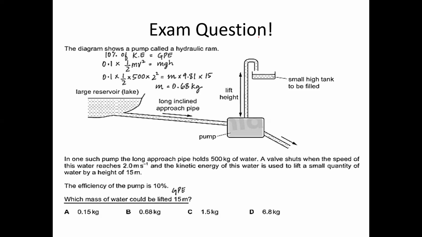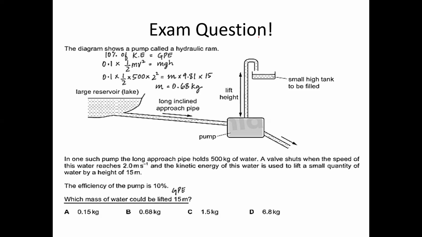The kinetic energy of this water is used to lift a small quantity of water by a height of 15 meters. The efficiency of the pump is 10%. Which mass of water could be lifted 15 meters? How much mass of water is going to be lifted by 15 meters?